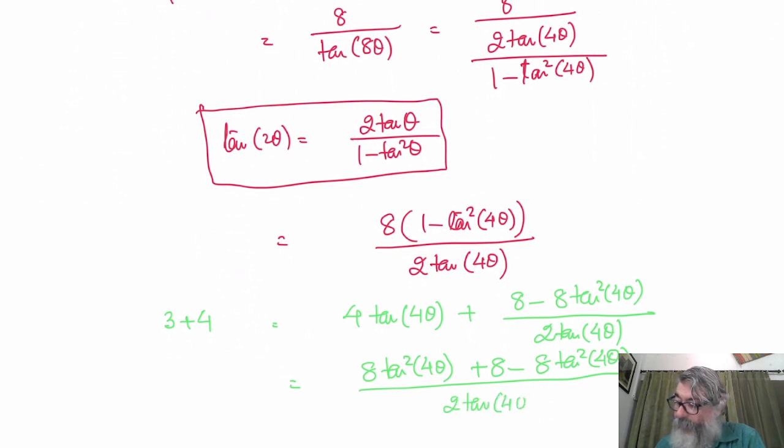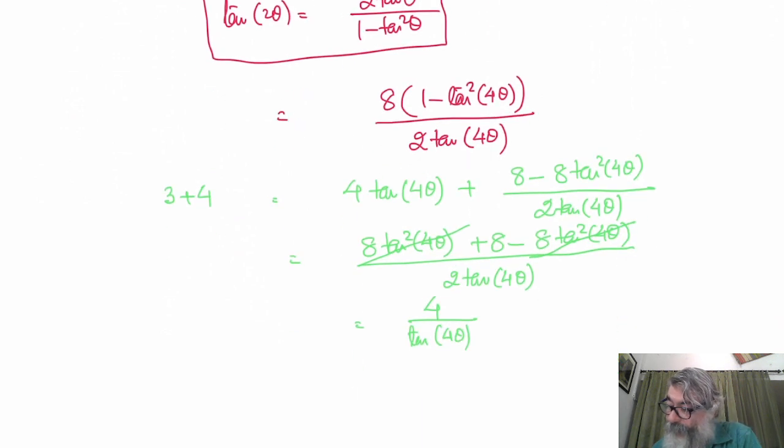This term will cancel with this term and you will get 4 upon tan 4 theta, which will become 4 upon 2 tan 2 theta, and 1 minus tan square 2 theta will come here.